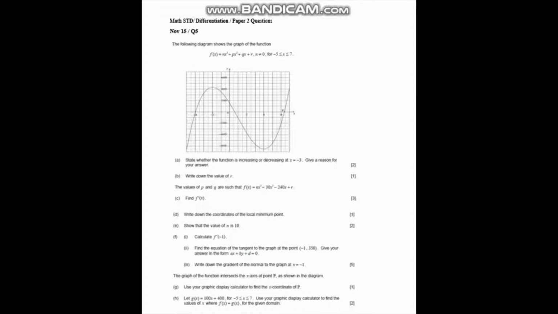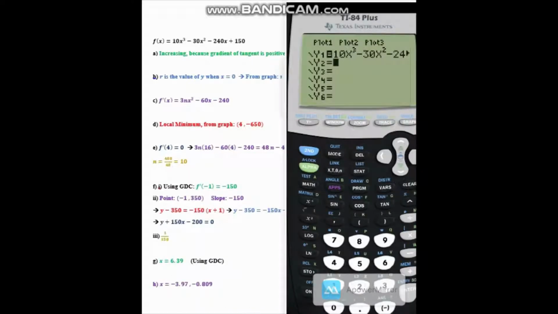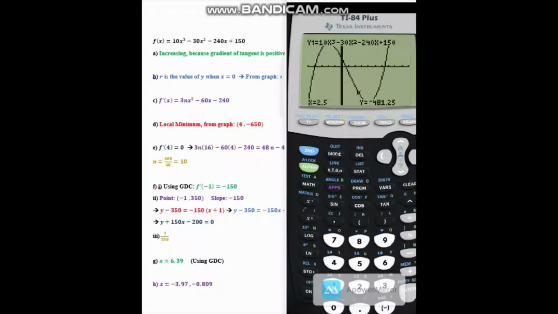In question F, I'm required to calculate f dash of negative 1. So I've written down the equation on my calculator and I've adjusted the window as follows for your reference. Next, I click on trace and there is my graph.